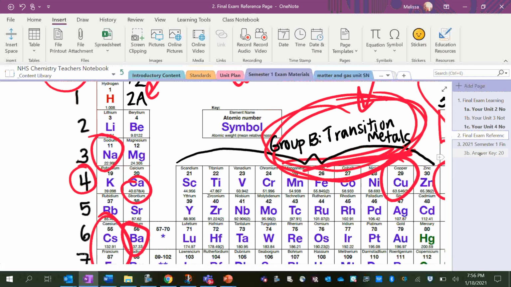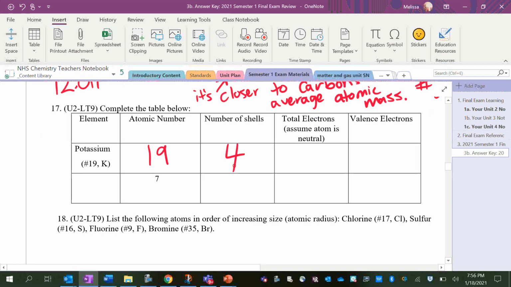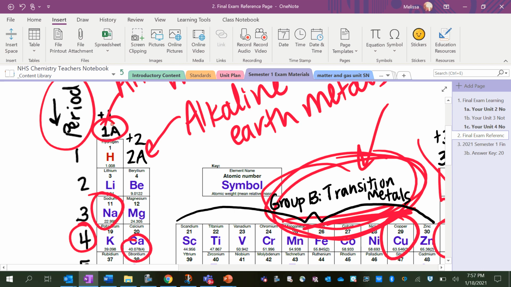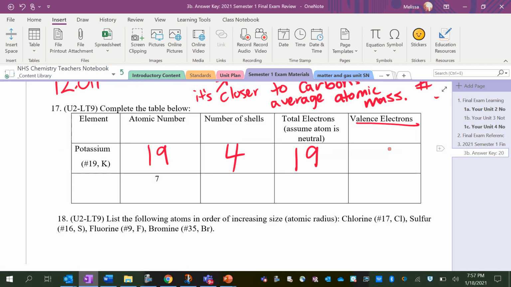That means it has 4 shells of electrons. Total electrons, assuming that it's neutral, is 19. And valence electrons match the group number. So potassium is in group 1A. So that means that it has 1 valence electron.